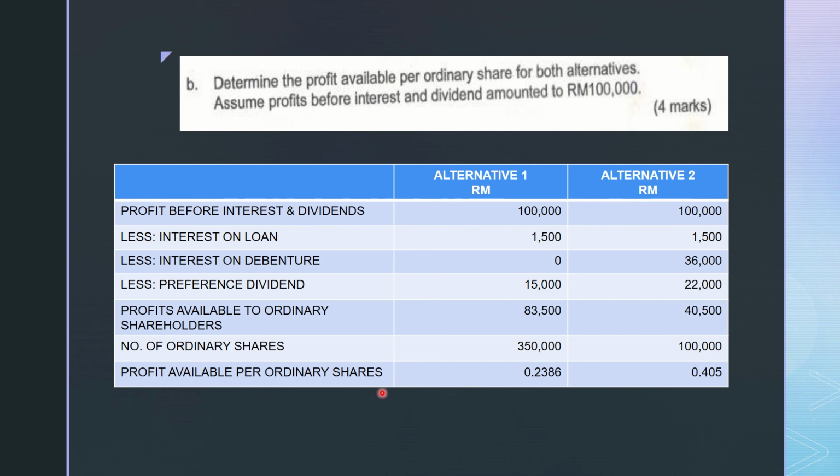Profit available per ordinary share: after dividing 83,500 by the number of ordinary shares 350,000, we have the answer of 0.2386 for the first alternative. For the second alternative, the answer is 0.405. You divide the profit available to ordinary shareholders of 40,500 by the number of ordinary shares, 100,000.